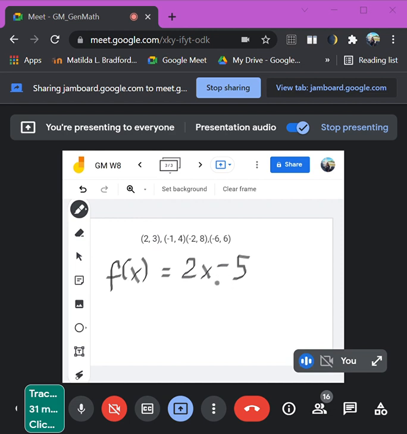Kung unsay imong exponent dira, ma-identify nimo kung 1-to-1 ba siya or dili. 1-to-1 ang imuhang equation kung ang imuhang highest exponent kay odd number. Okay? Your function is 1-to-1 function.